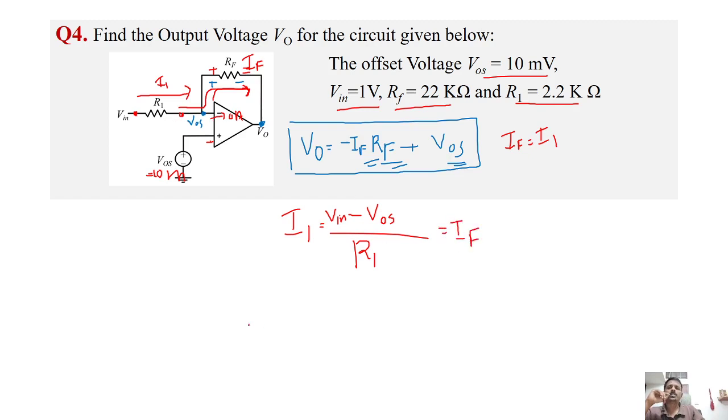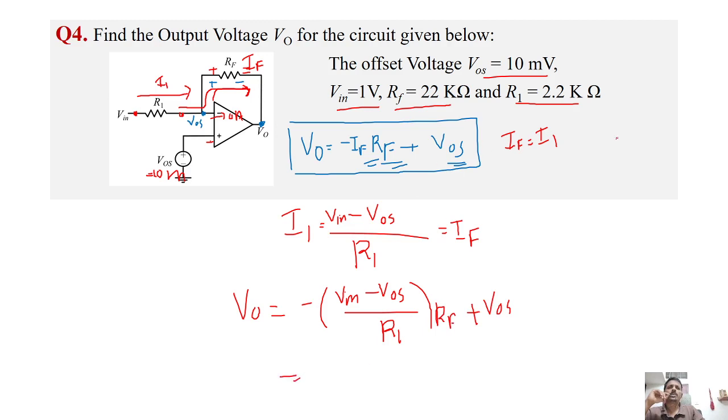So substituting this, we'll get V naught equal to minus IF, right? So minus IF is Vin minus VOS by R1. So this is the current IF, that into RF, plus VOS.